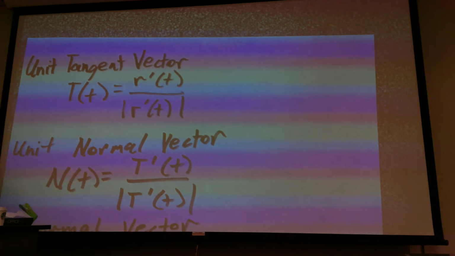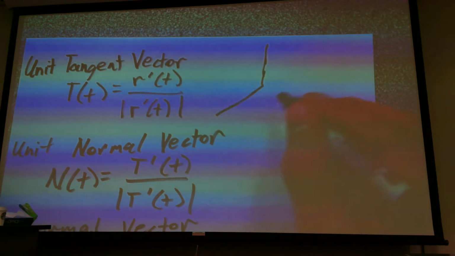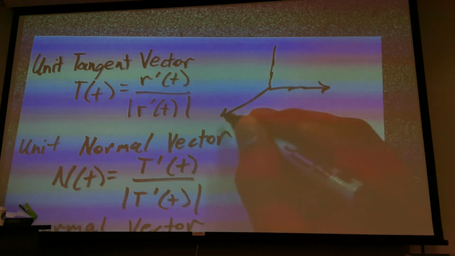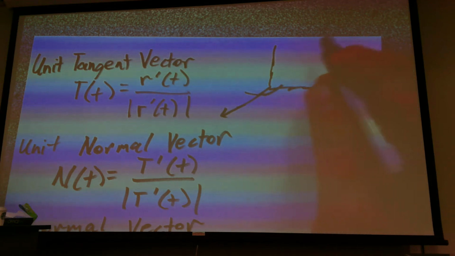Okay, I've got a curve in space. I'm going to try to draw the same curve for each one. Let's say this goes up like this.